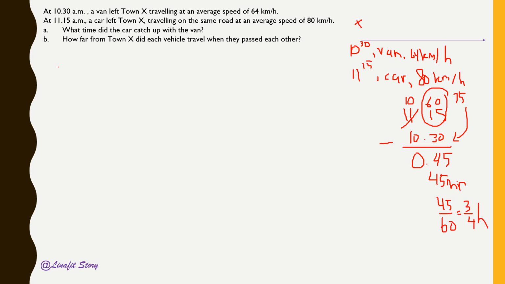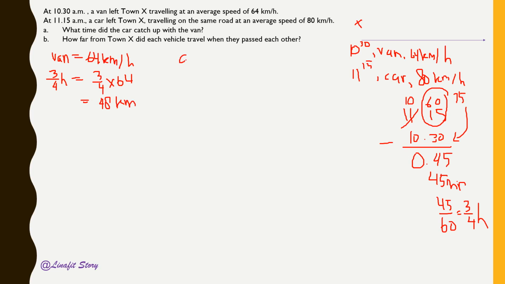Now here we are finding the speed of the van. The speed of the van is 64 km per hour. So this means in 1 hour it traveled 64 km. How about 3/4 of an hour? So it will be 3/4 times 64 equals 48 km.